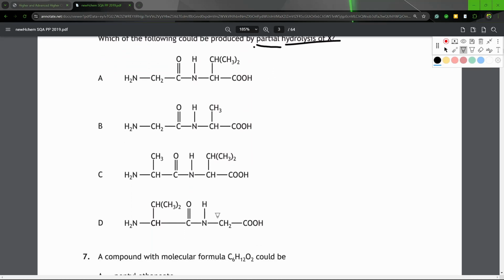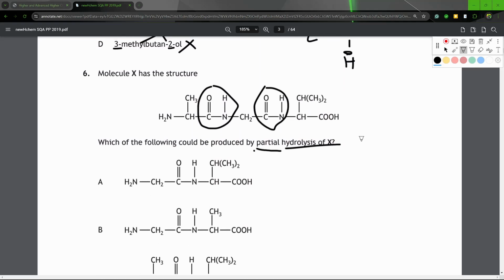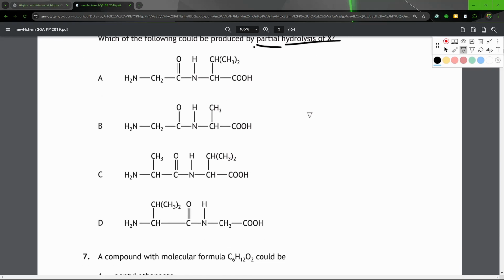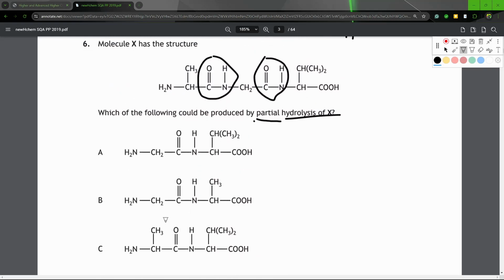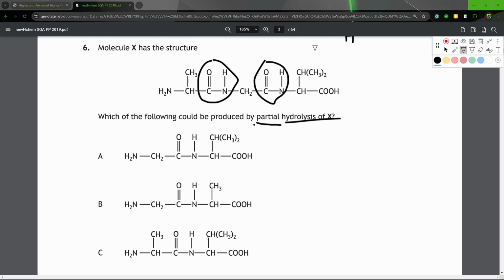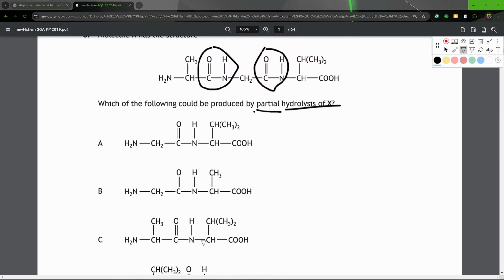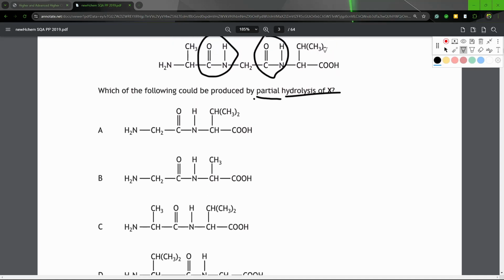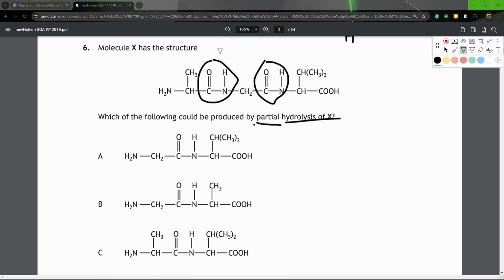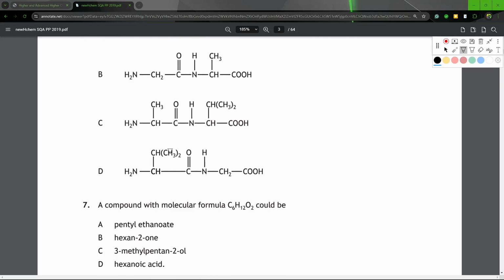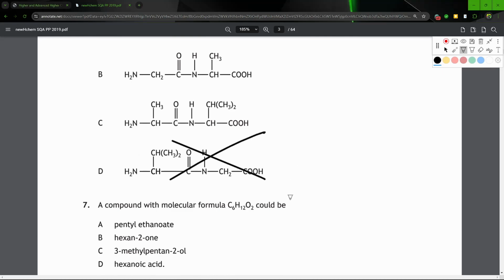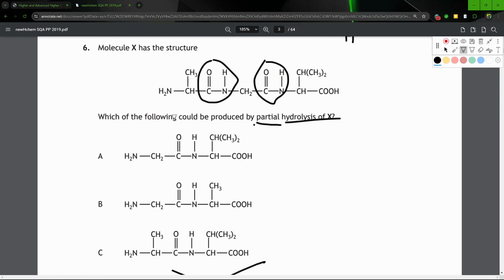You can see here, this one doesn't make any sense because you don't find any of these functional groups in that order. If it was this molecule here, you would expect to find a CH and then this group up here, but it isn't. And if it was this over here, you'd expect to have a CH3, but you don't find that. So D's garbage. If we move on to C, this side looks okay.